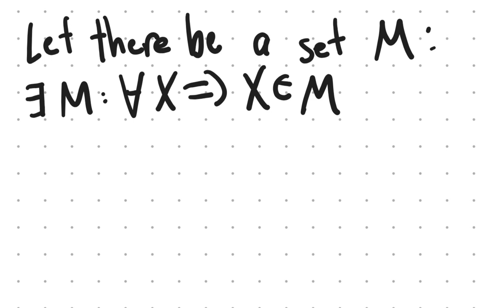Since we are trying to say that there is a set M such that for every subset or any set in the mathematical universe, x is in M. So let's just try to define something that is in M, but the set x doesn't contain itself.